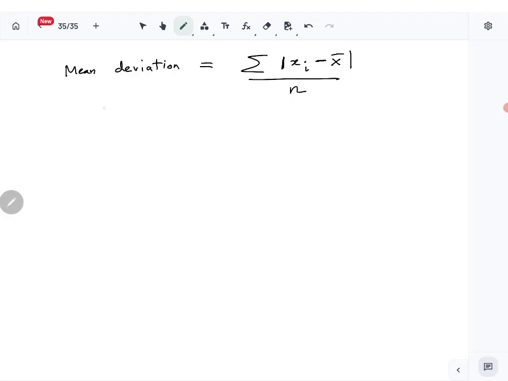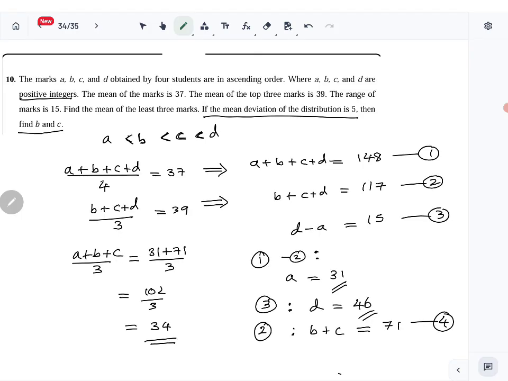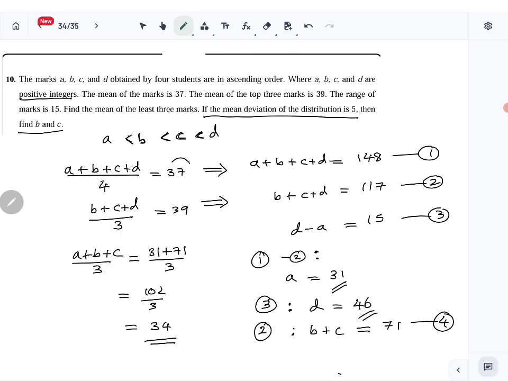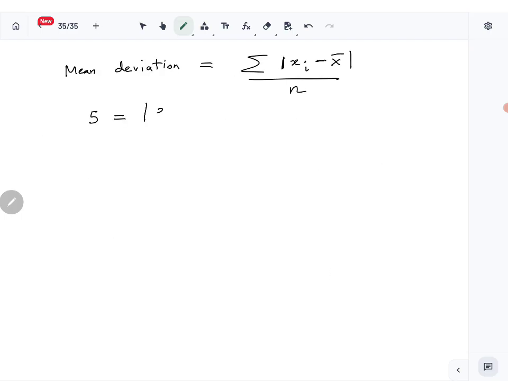So this is 5 for this question. Now we know the mean is 37, and A we have found. So |31 minus 37| plus |B minus 37|, plus |C minus 37|, plus D we have found, which is |46 minus 37|.